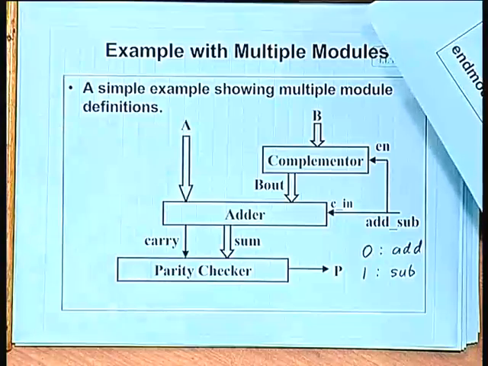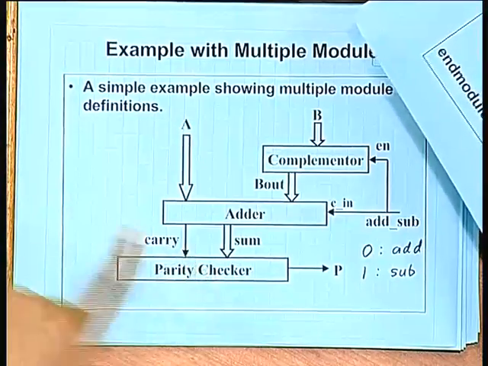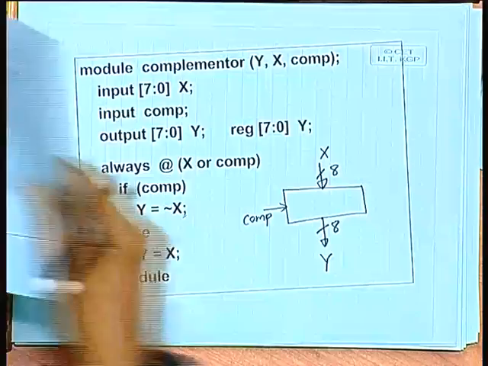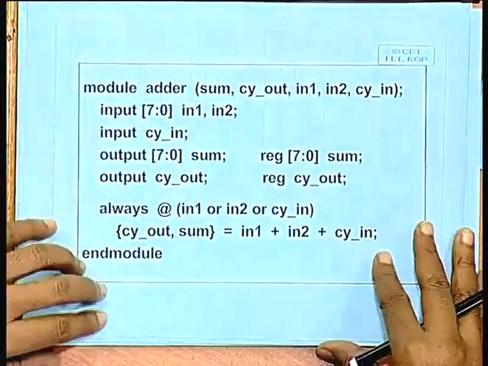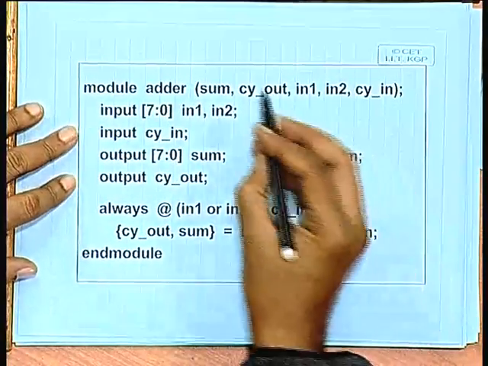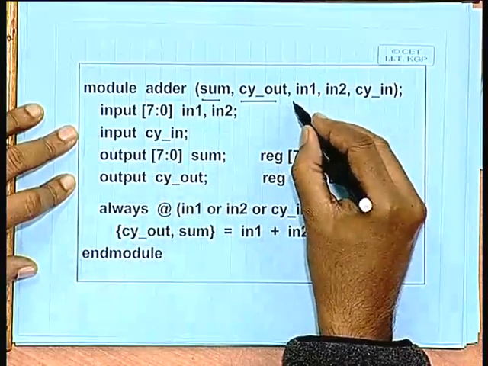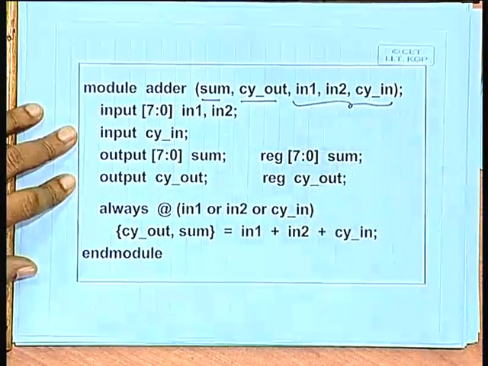After the complementer comes the adder. That is very simple, it takes two inputs and a carry in, and it generates a sum and a carry out. Sum and carry out are the outputs and these three are the inputs.